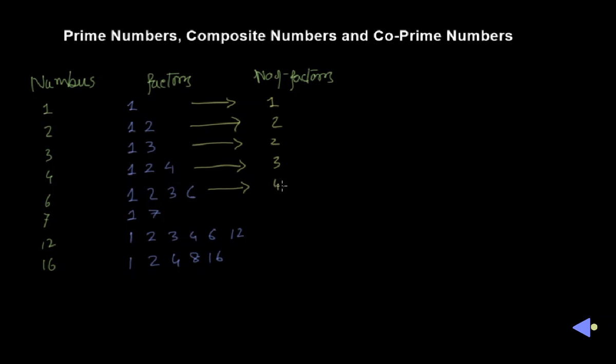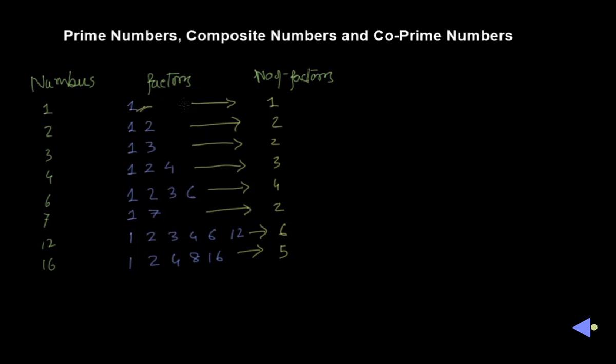Here it is 4, and 6. In case of 7, again the number of factors is 2. This time it is 6, and here it is only 5. So those are the numbers of factors of each and every number that we have taken.